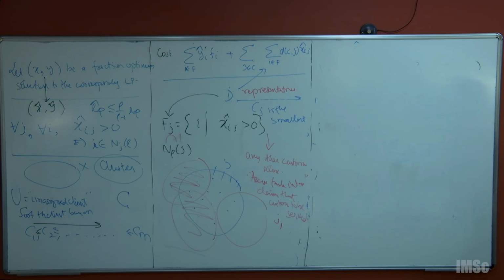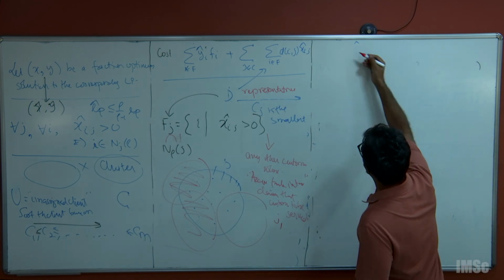Let's look at it. I have not yet decided what your X is. Did I tell you what the X's are? I am just giving you some process, some evolution process of doing something. I have not told you what X is. But let's look at the process. What happens? First client comes.